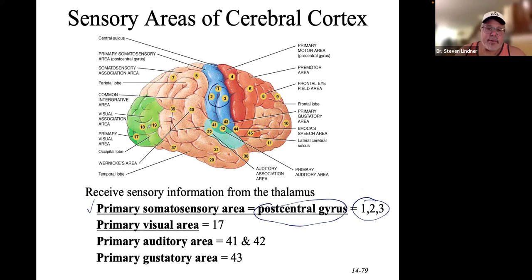If we look at number 17 back here, that's in the occipital lobe. That's your primary visual area. If we look at number 41 and 42 over here, that's in the temporal lobe. That's your primary auditory area. And just above it, right there, number 43, that's for taste. Gustatory means taste.